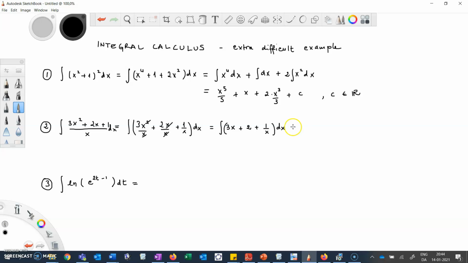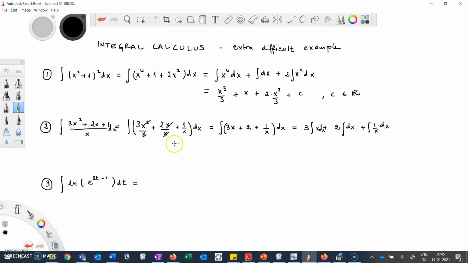And therefore, also in this case, I can separate the 3 integrals. So I'm going to have 3 times the integral of x plus 2 times the integral of dx. Sorry, I always forget dx. And then plus the integral of 1 over x dx.